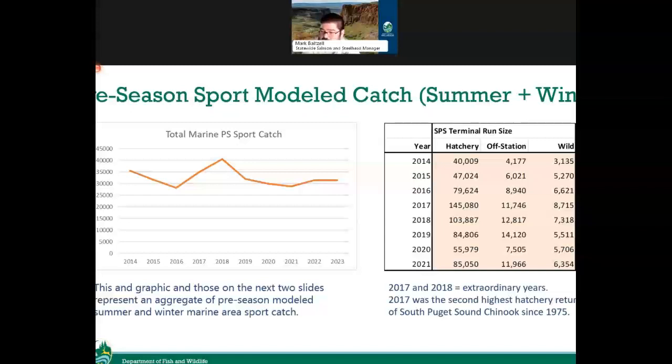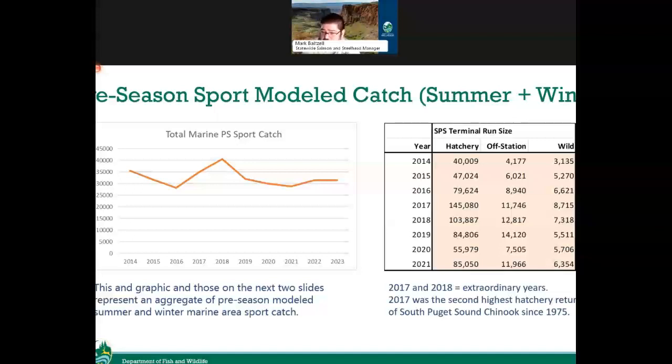So what we have displayed here is taking the numbers that Derek and his team produce from the model, and we're looking at total Puget Sound recreational sport catch from 2014 to 2023. The big takeaway we wanted to present with this slide is that over a long period of time, the recreational catch in Puget Sound has remained relatively stable. You see that spike around 2017 and 2018.